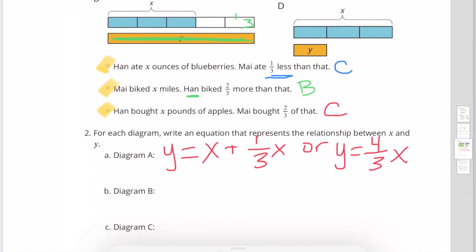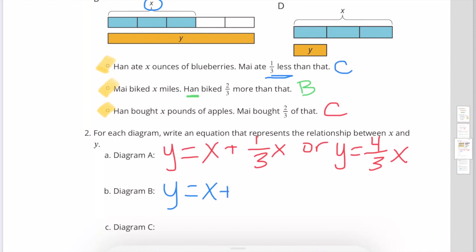So let's look at B. Erase that out of our way. Okay, so for diagram B, it says, X represents 3 blocks again. But we notice that Y is larger than X and it has 2 extra blocks. So what would your equation be for diagram B? So Y equals, we know it's going to equal an X amount because it's more than that.